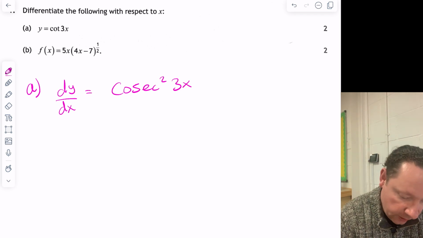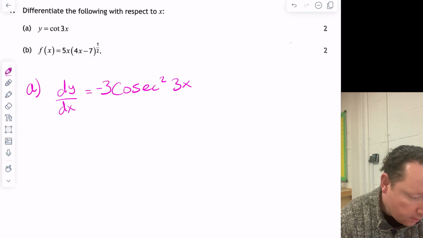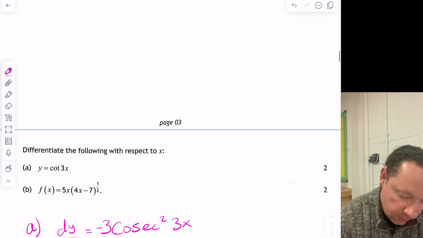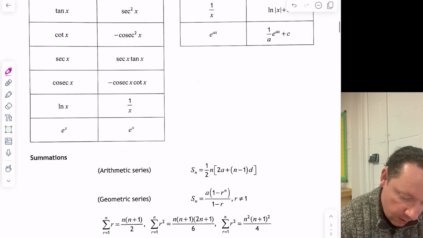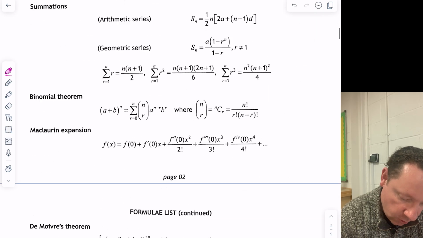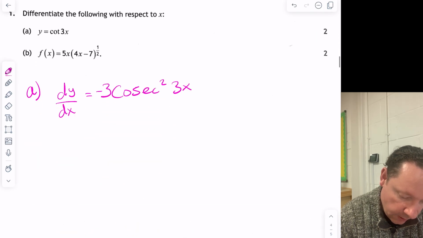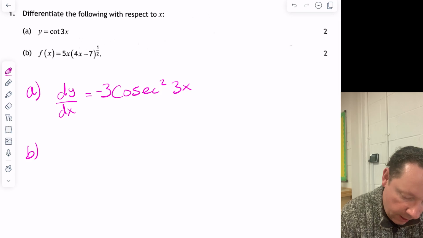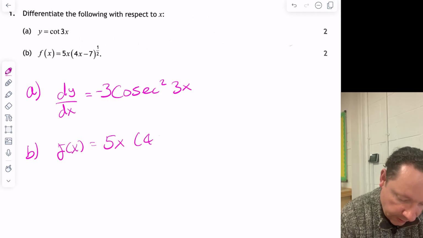So minus 3 cosec squared 3x. Just check that at the start of the exam paper. Cot goes to minus cosec squared. So yeah, that's fine.